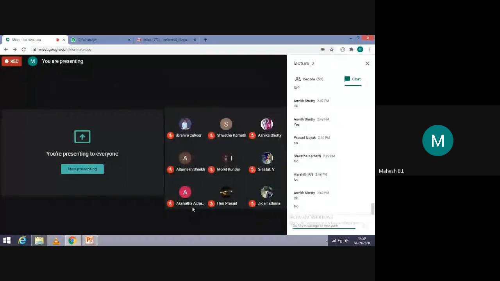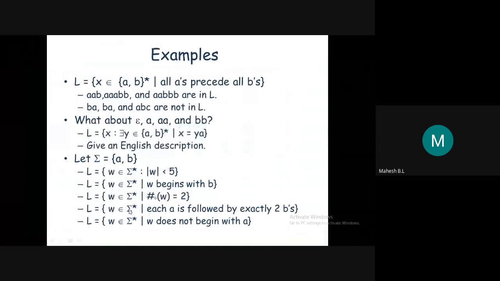Tell me whether epsilon belongs to this particular language. Understood, right? This fourth language.